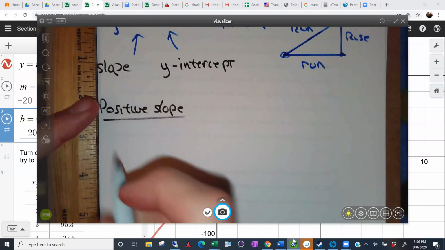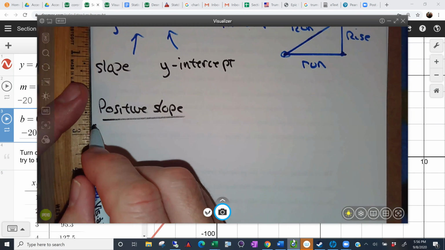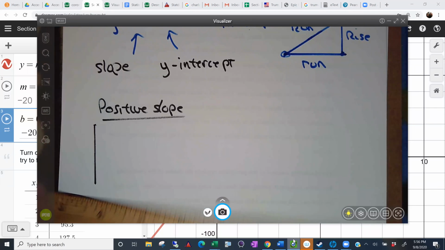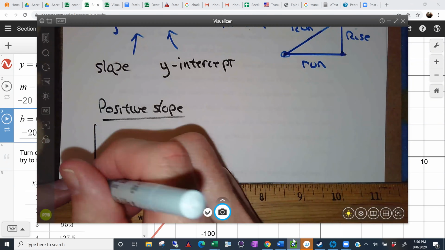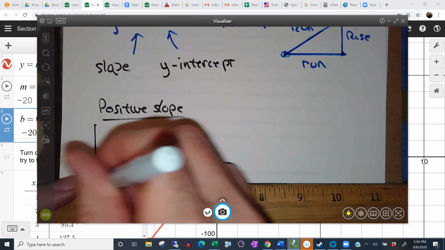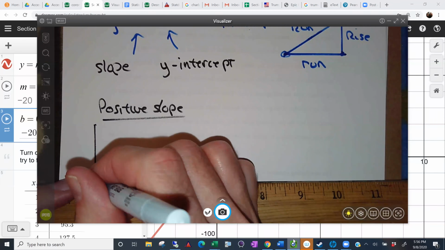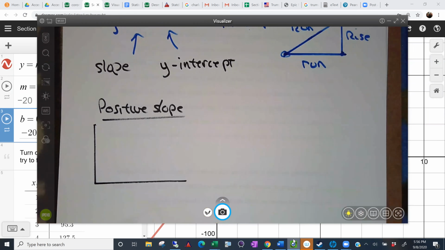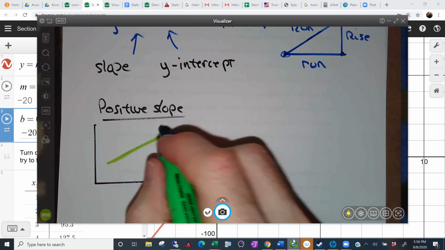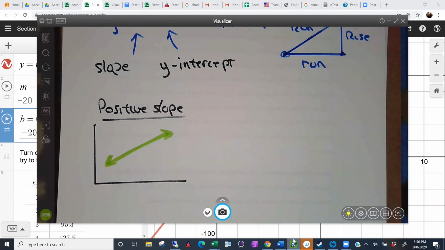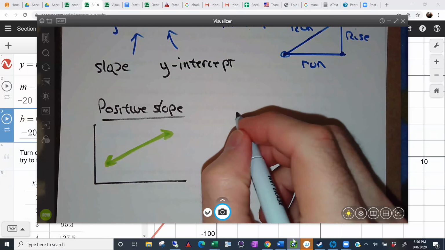Let's just draw ourselves a quick little sketch right here. Positive slope means when you move from left to right, your graph is slanted upwards. So something like that. You could also have a negative slope.